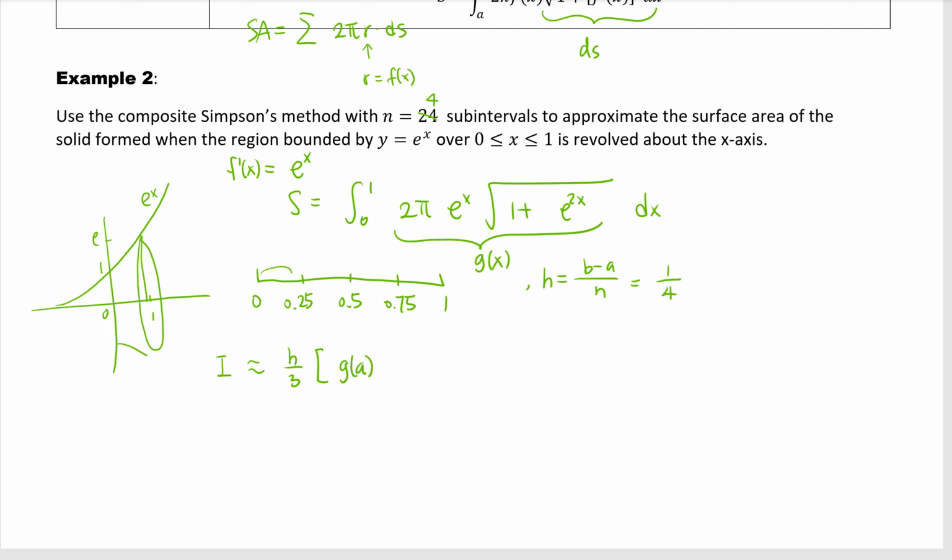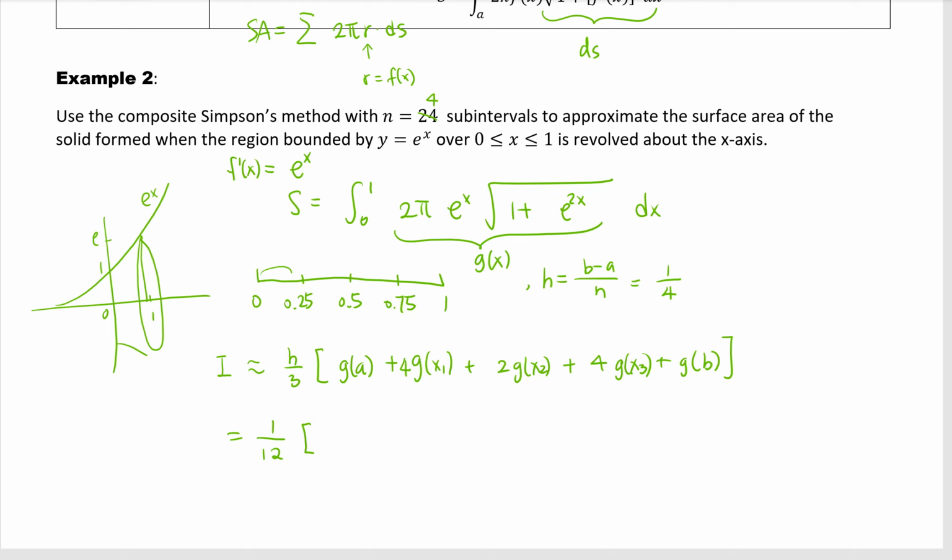So we use g of a and g of b, they have one copy. And the interior points have 4, 2, 4. So far, so good, everybody? So h over 3 is 1/4 divided by 3, which is 1 over 12.